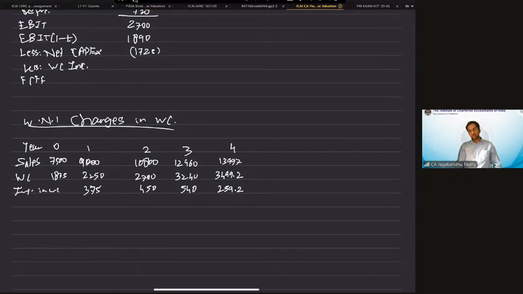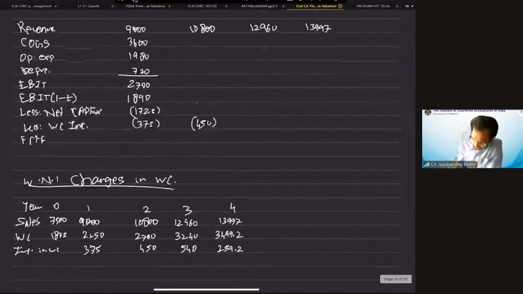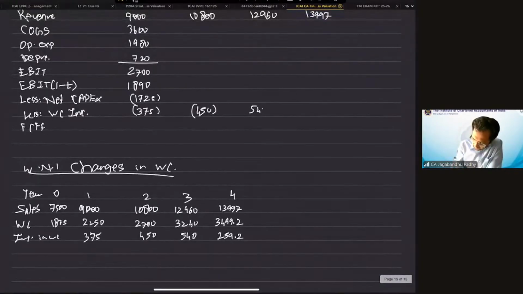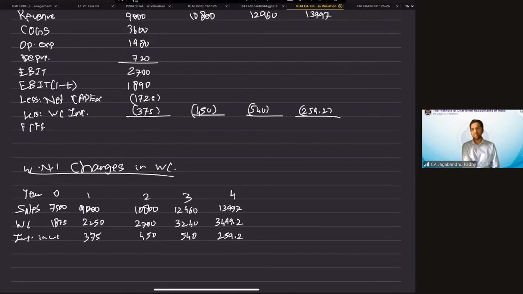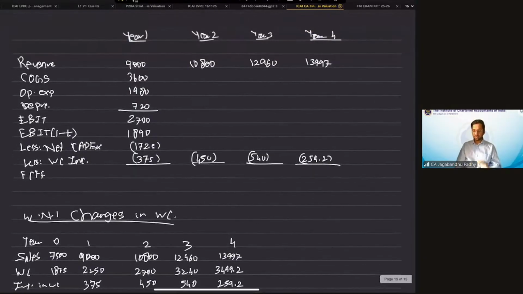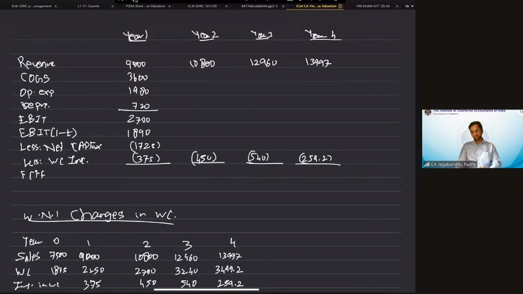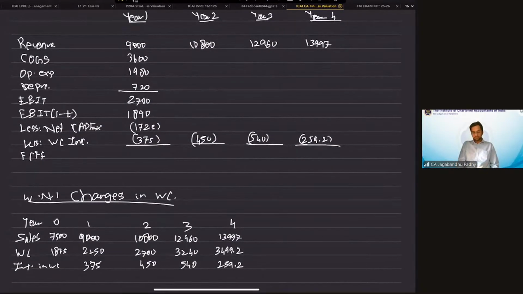That's your increase in working capital: 375, 450, 540, and then 259.2. This will give you the FCFF numbers. So get the FCFF numbers quickly, guys. Give me the FCFF numbers.